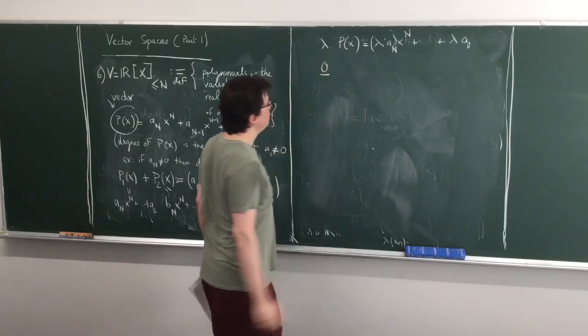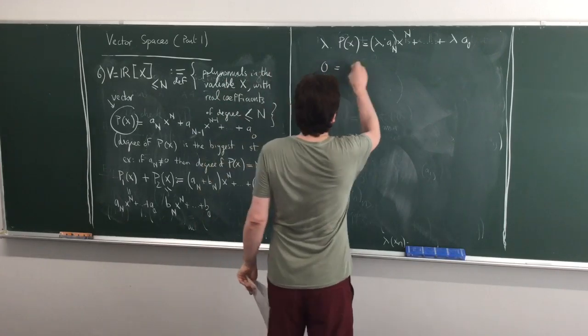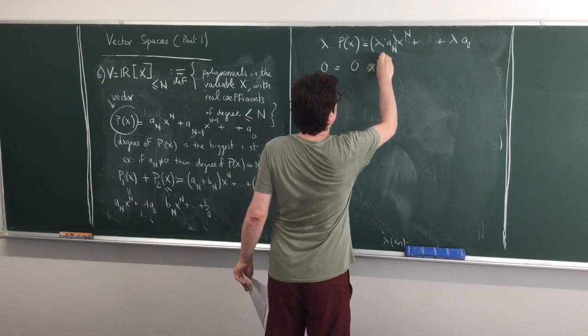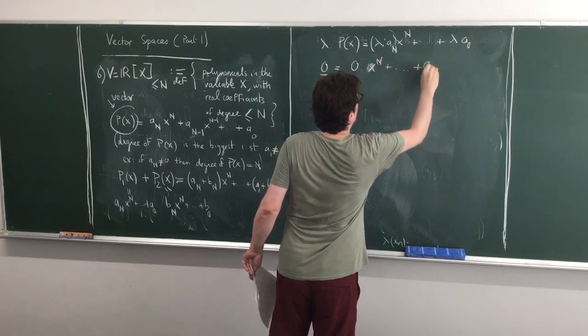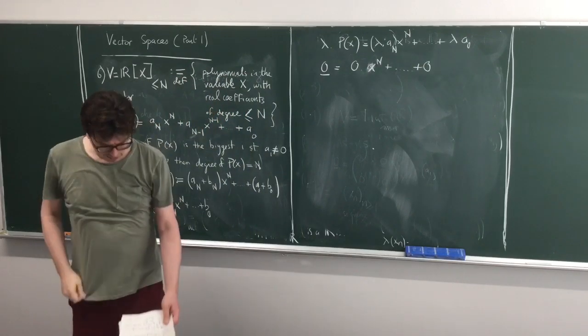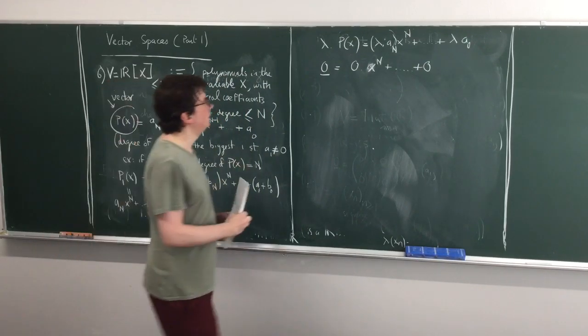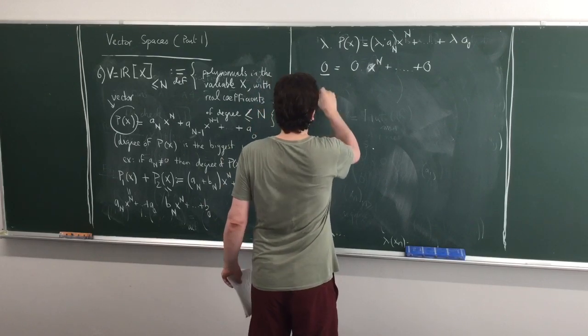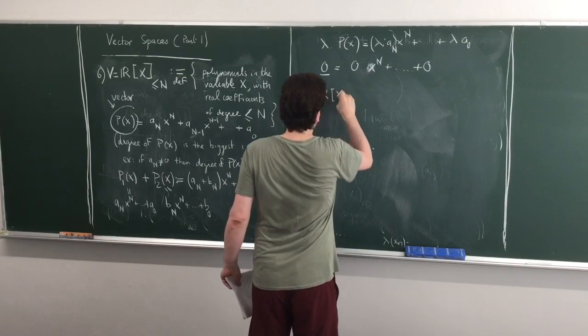So what is the 0 polynomial, by the way? The 0 polynomial will be 0 times x^n plus ... plus 0. This will be my 0 polynomial, and you can check that. So this is a real vector space.